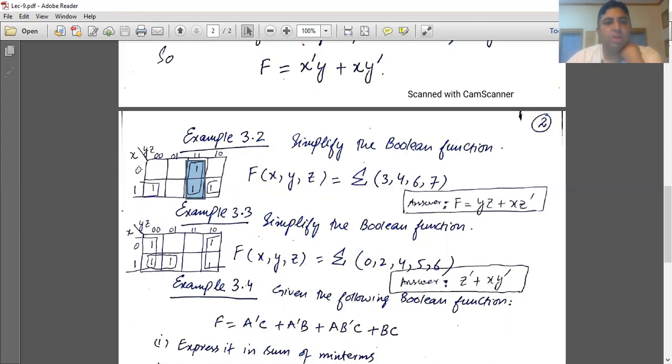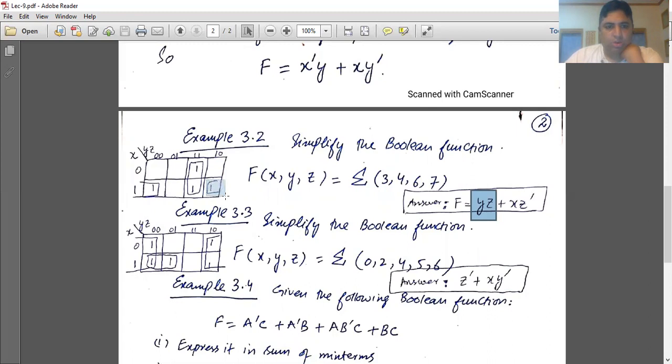This means that x will be eliminated from this term, because the function does not depend on x. The other two variables are y is 1, z is 1. So we will write yz here, which is the first term of this simplified answer.